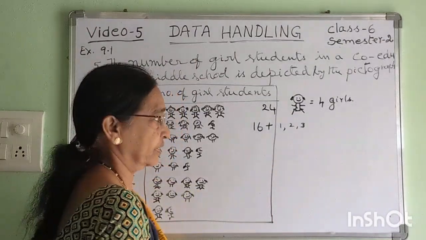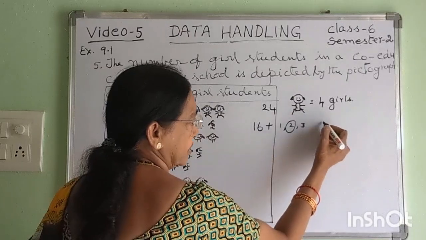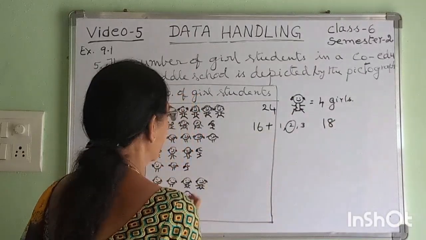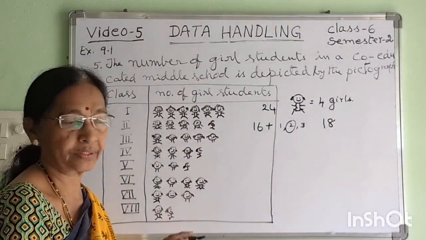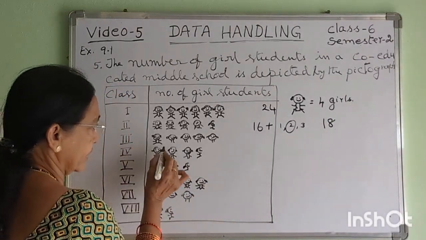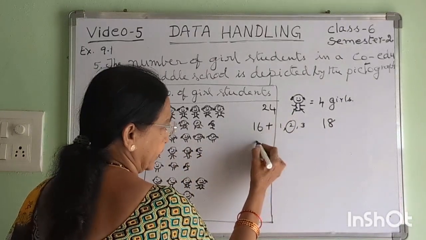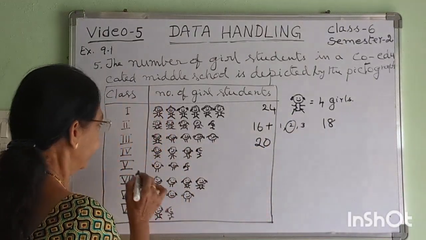We can take any, so let us take 2 on average. So approximately 18 girl students were there. There may be 19 or 17. In third class there are 1, 2, 3, 4, 5 figures. 5 into 4, 20. 20 girls were there in third class.